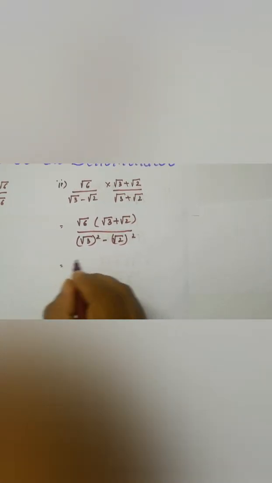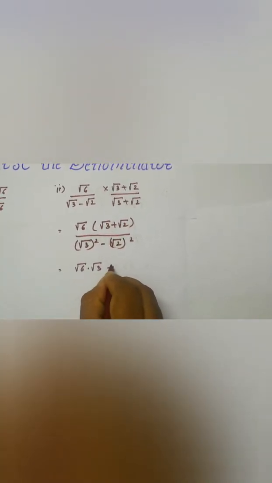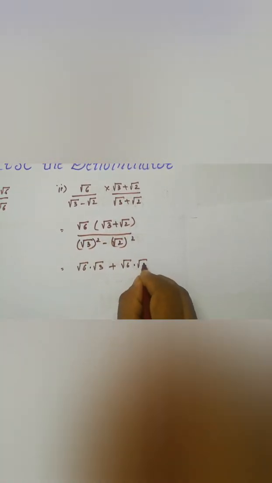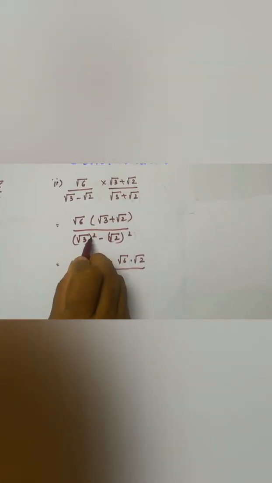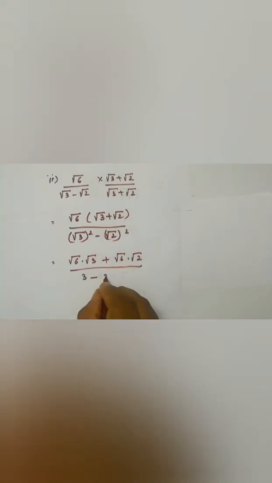Now, you have to multiply root 6 into root 3, root 6 into root 3 plus root 6 into root 2 by. This is in a form of root 3 whole square means root 3 into root 3 is 3. Root 2 into root 2 is 2.